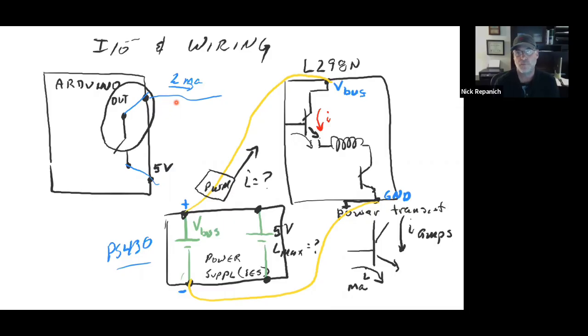Because remember what happens in an inductive load: we're creating electromagnetic fields, and a voltage drives the current through it, but every time the current changes, it creates a back voltage in that inductor, that Lenz voltage.